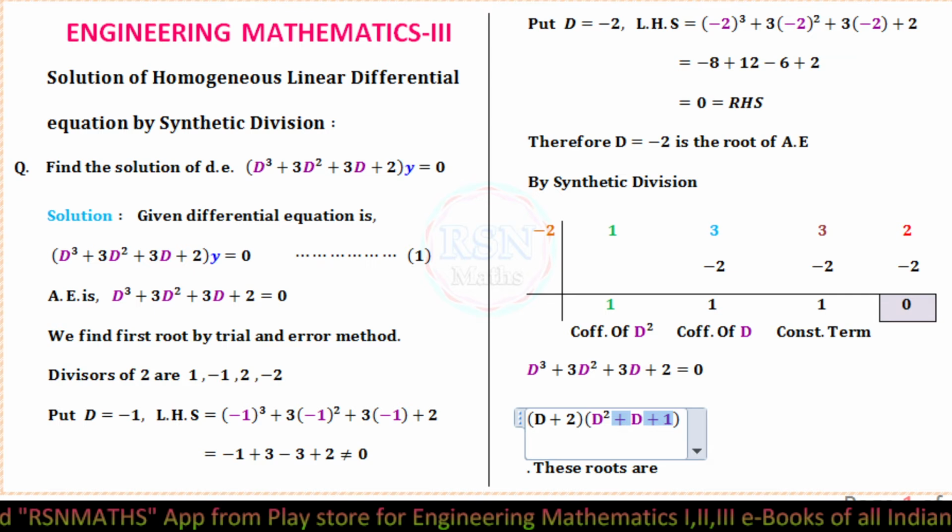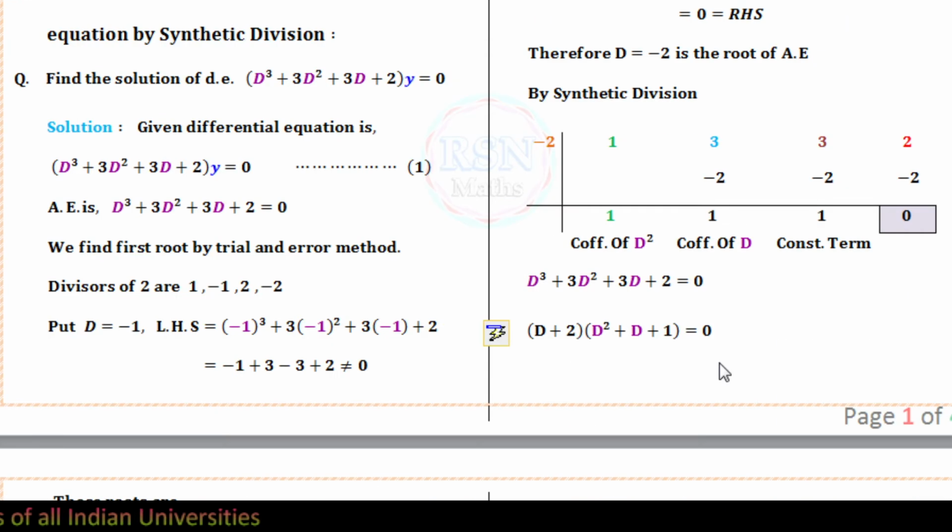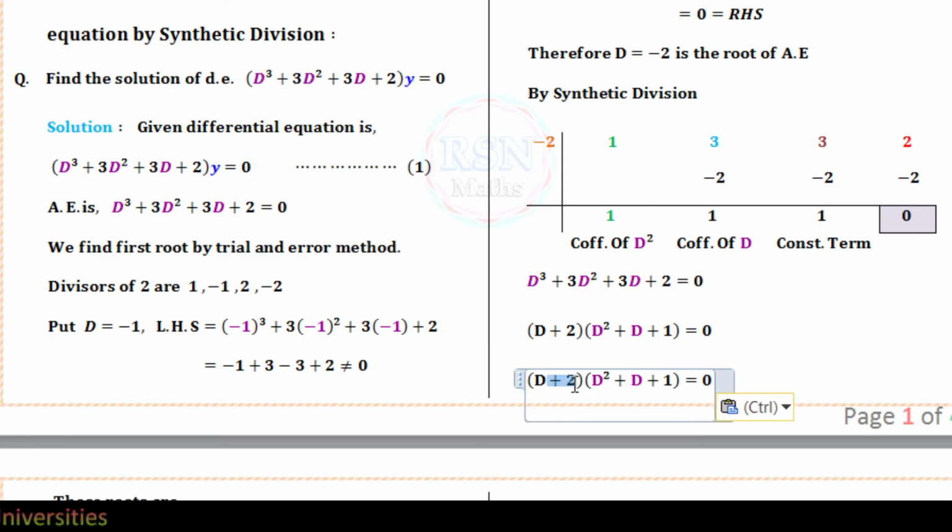Okay. Now the product of these two factors is equal to 0, which implies the first factor d plus 2 is equal to 0 and the second factor d square plus d plus 1 is equal to 0.